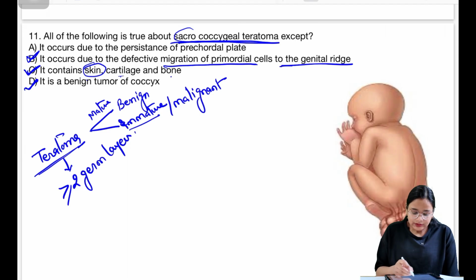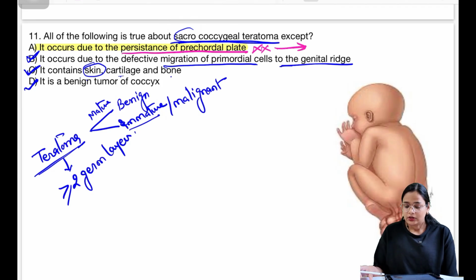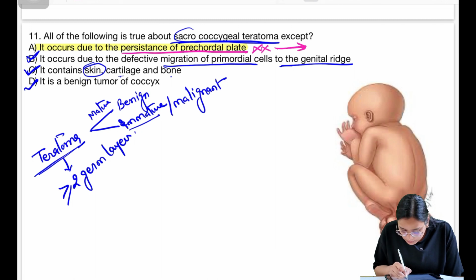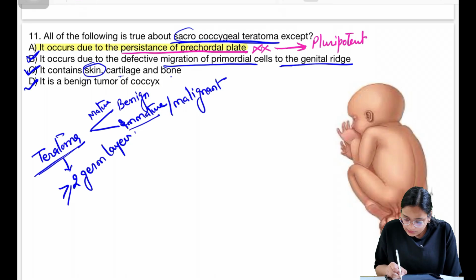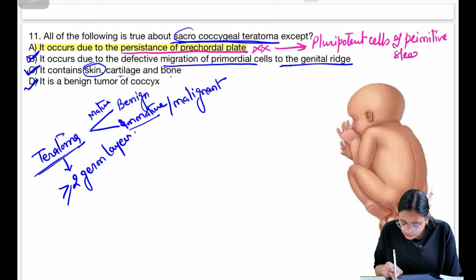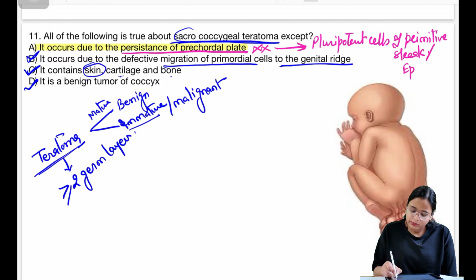So the correct answer in this question will be: it occurs due to persistence of the precaudal plate, which is incorrect. Why? Because it is not because of persistence of the precaudal plate, it is because of persistence of pluripotent cells of the primitive streak, which are mainly derived from the epiblast.